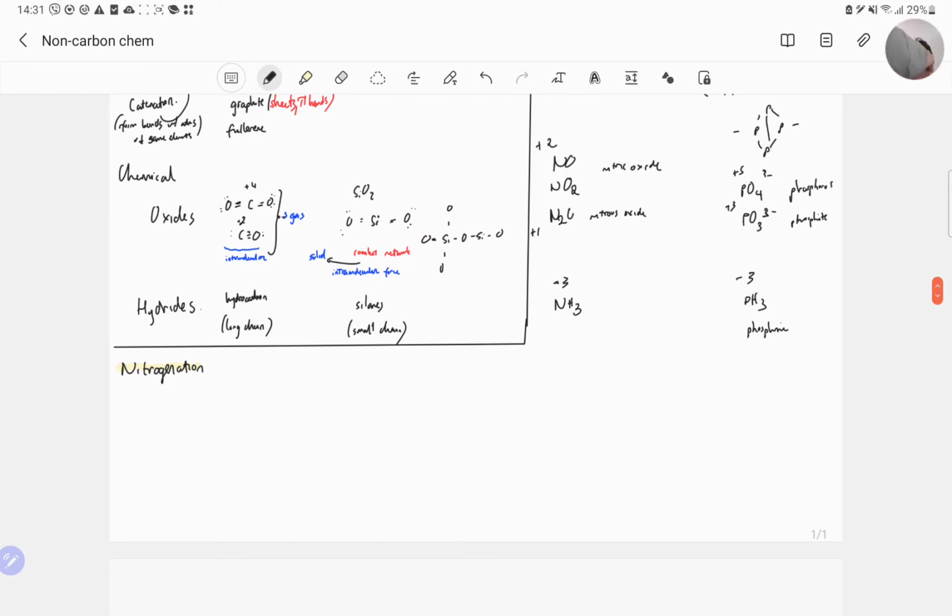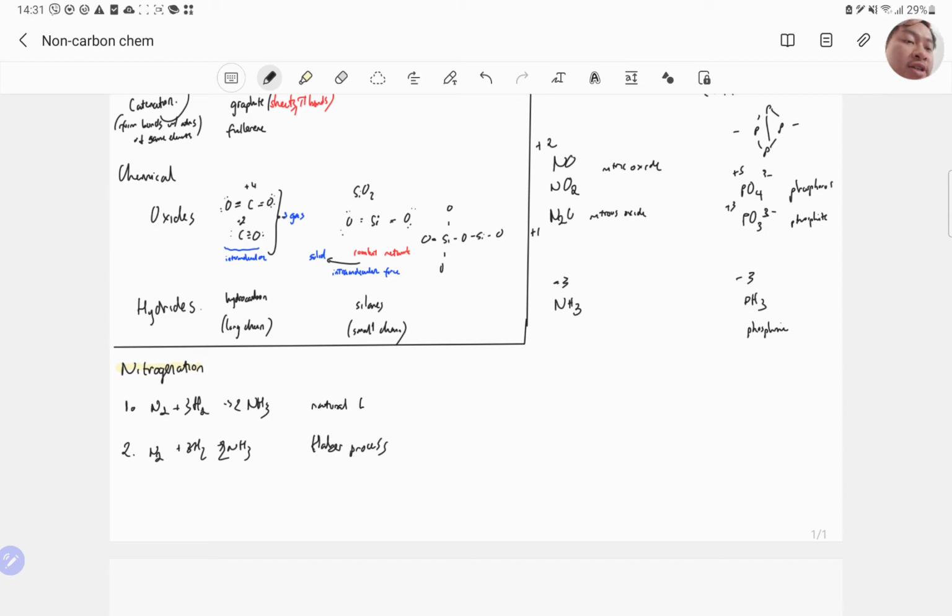Nitrogenation. One is synthetic, human. One is natural.